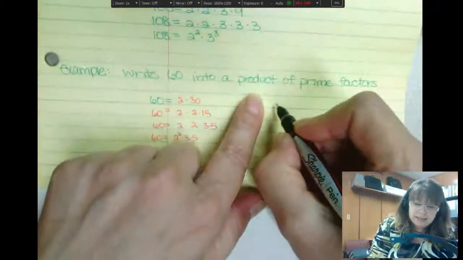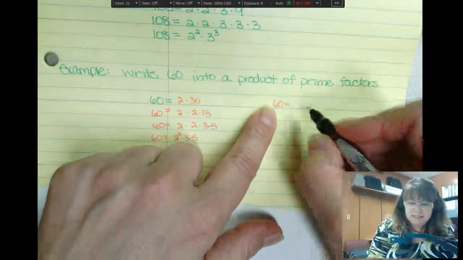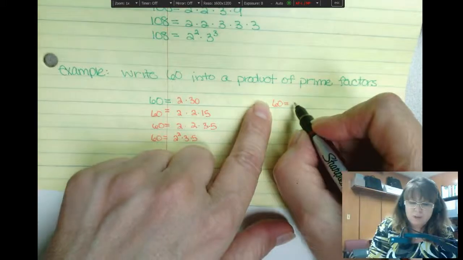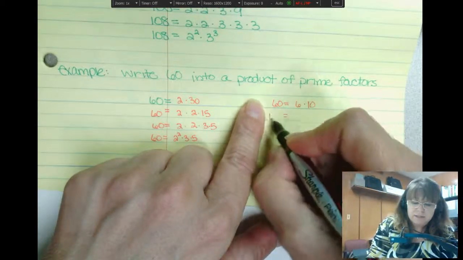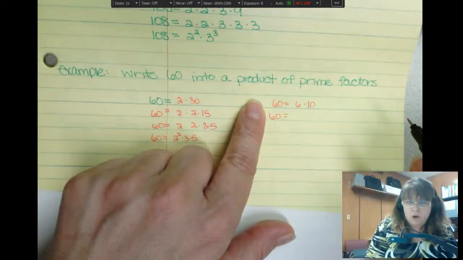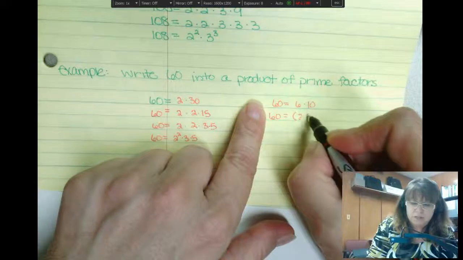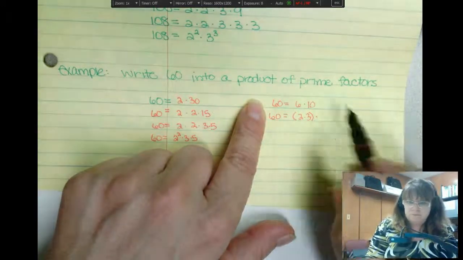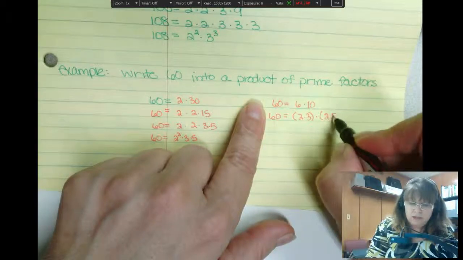But let's say I start with 60, and instead of immediately seeing the 2, I said, oh, well, 60 is 6 times 10. Well, 6 is not prime, but I know that 6 can be broken down into 2 times 3, and 10 can be broken down into 2 times 5.